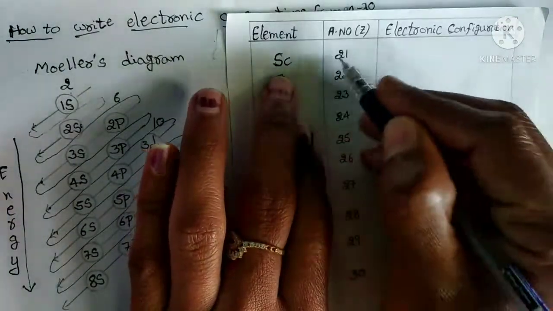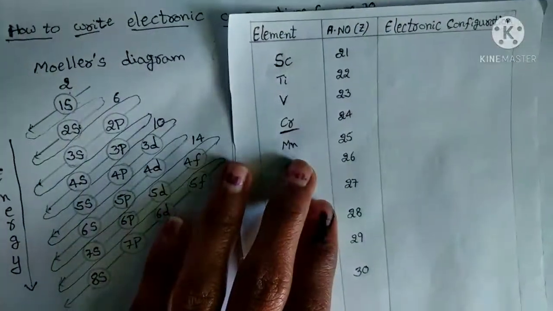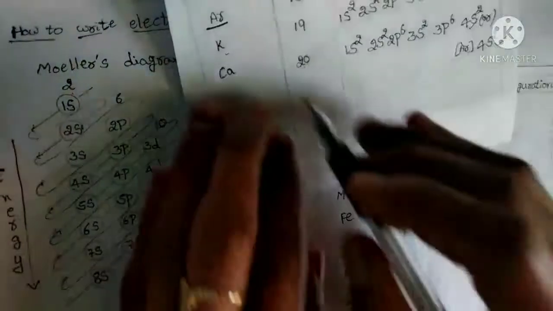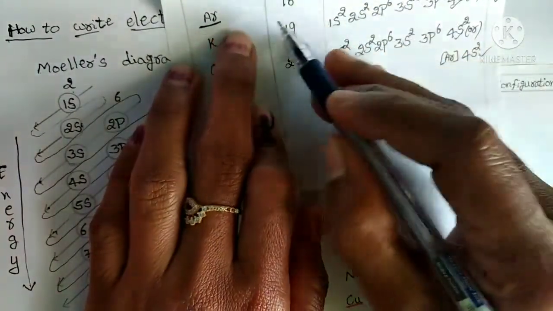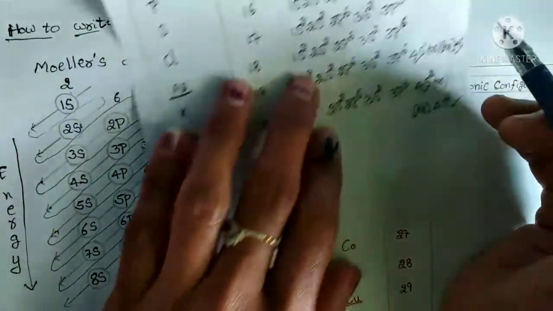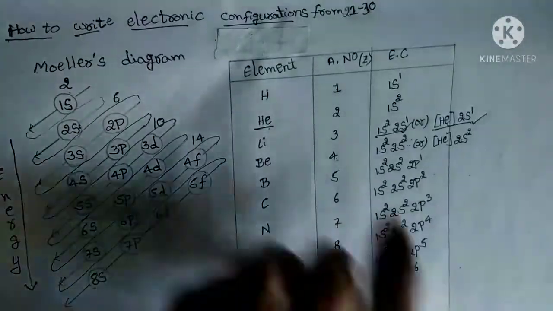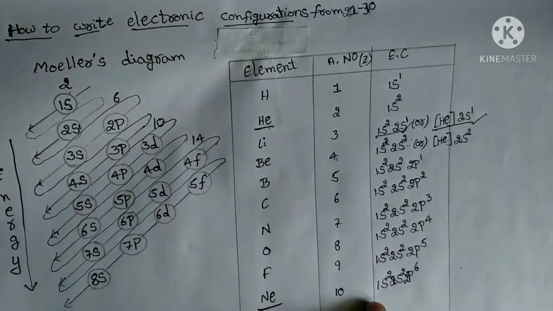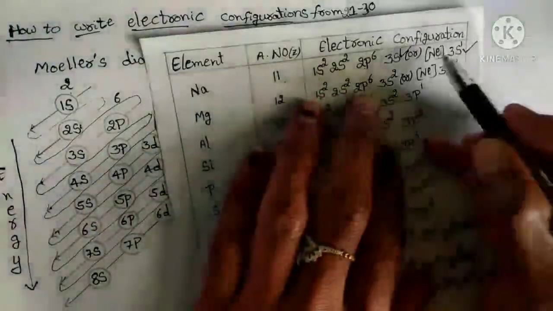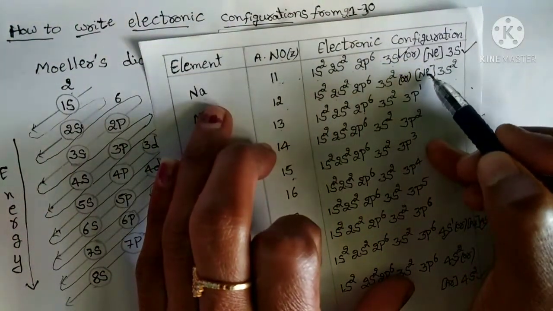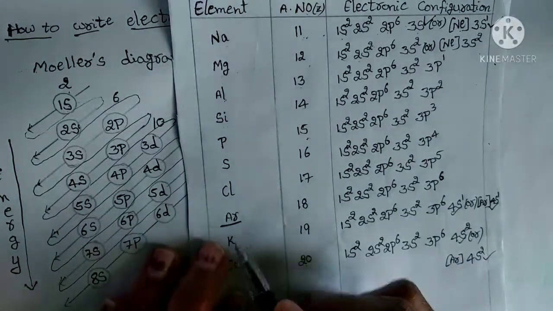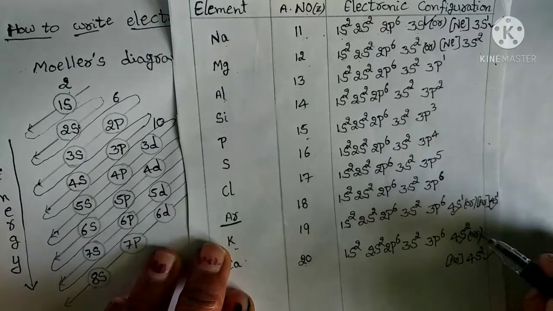Now come to scandium. In this case, till argon, the electronic configuration is the same. I already explained this short form, right? Similarly, helium, and in the case of sodium, from sodium neon will enter, and after argon, from potassium, argon will enter.